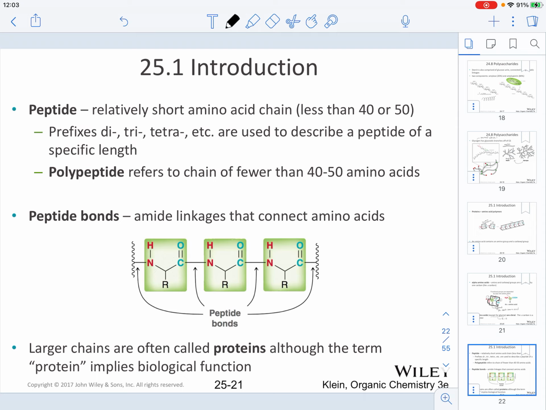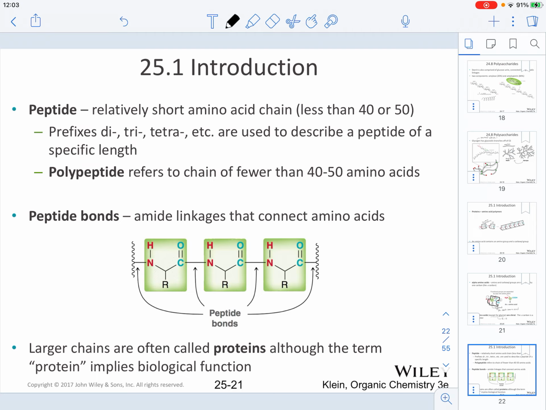One of the things that we need to understand is that amino acids, when they're linked to one another, can form what is called a peptide. And a peptide is a relatively short amino acid chain. Understand that for a peptide, you need a minimum of 2 amino acids coming together, and as long as it is less than 40, most of the time in biochemistry we always think of them as being less than 50.